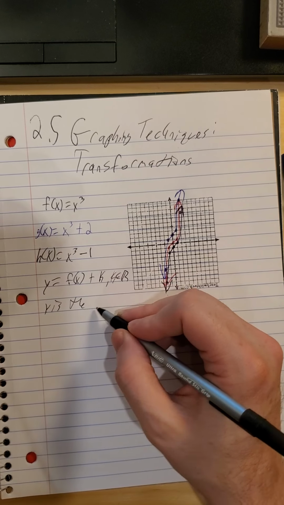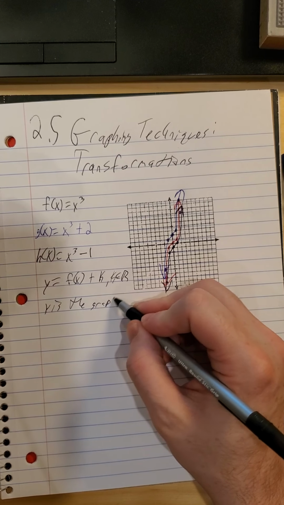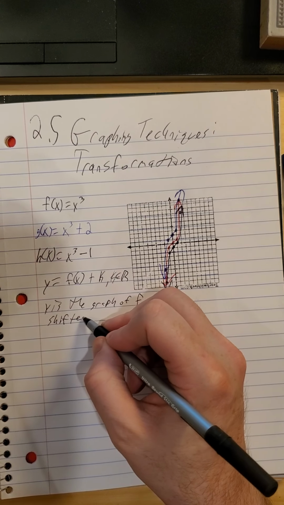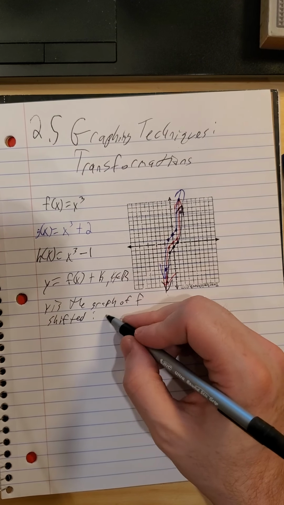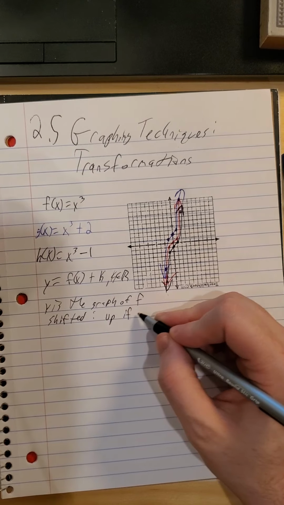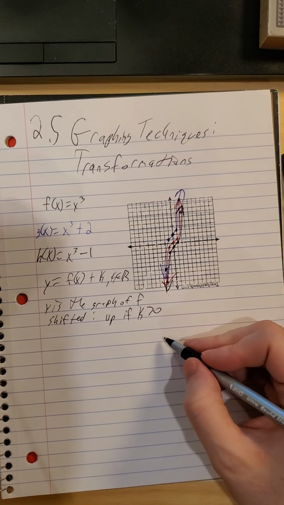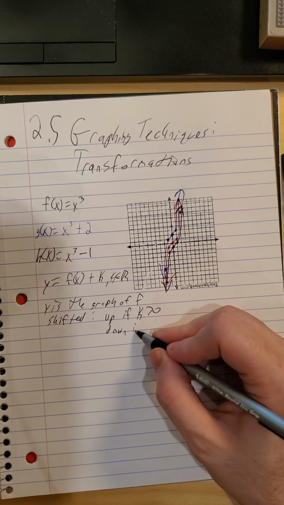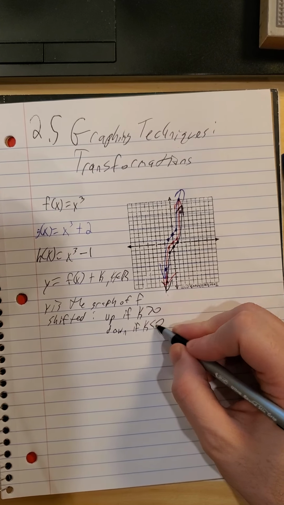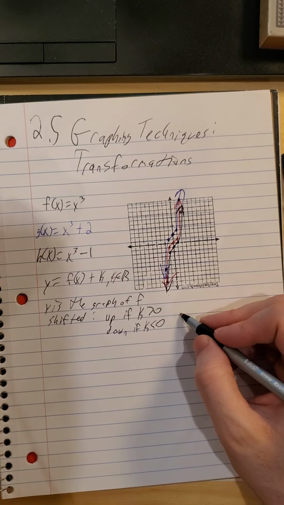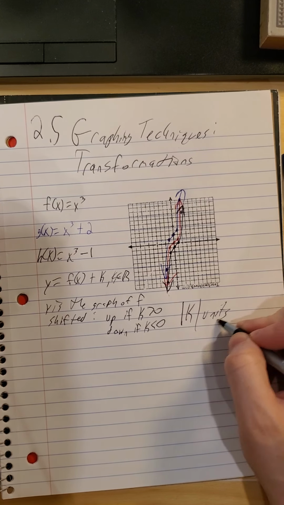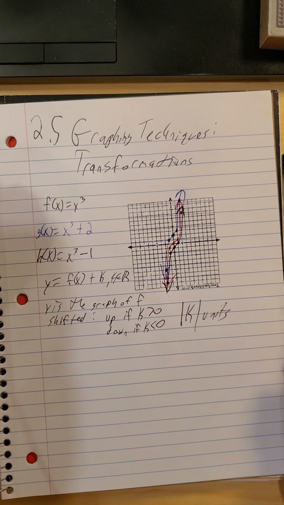Y is the graph of f shifted one of two ways: up if k is positive, down if k is negative, and each time absolute value of k units in either up or down depending on the sign on k.